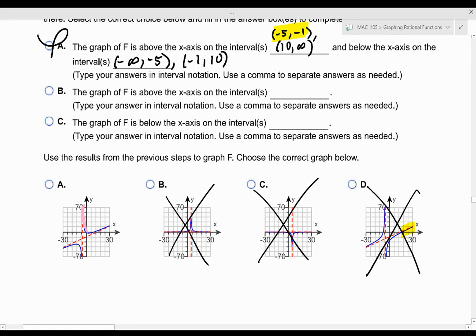So that's there. All right, we should also be below from negative infinity to negative 5. That's here. All right, and from negative 1 to 10, that's in here, this little piece that's underneath. Okay, so as far as our pictures go, A is our choice. All right, I hope this helps.